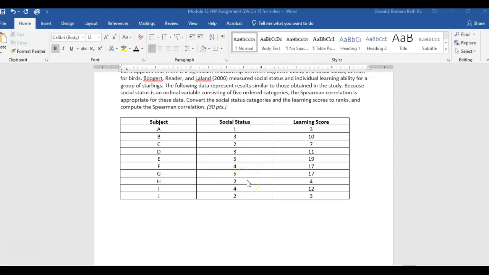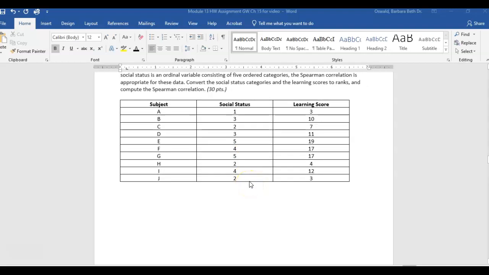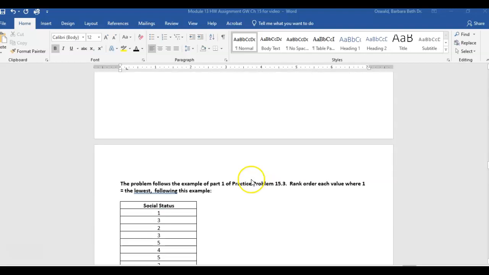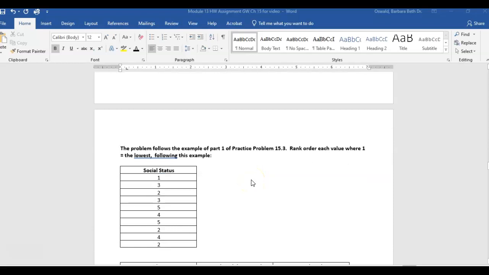Okay, so what we first need to do, and this, by the way, is following exactly the example of part 1 of practice problem 15.3. Okay, so we're just going to take each variable individually.